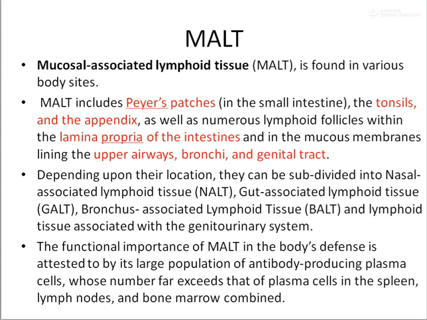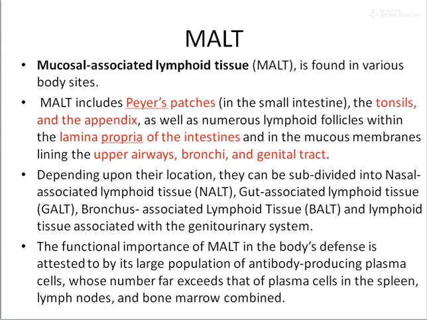The main feature of these mucosal associated lymphoid tissues is that both antibody producing cells as well as T lymphocytes are present, and at the same time various antigen presenting cells are also present.